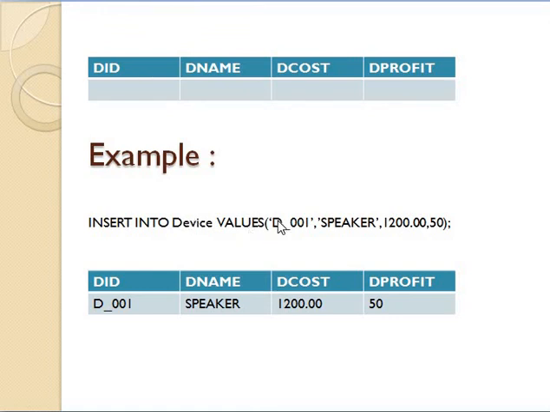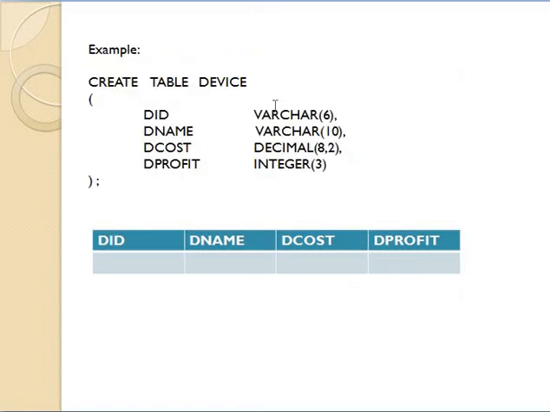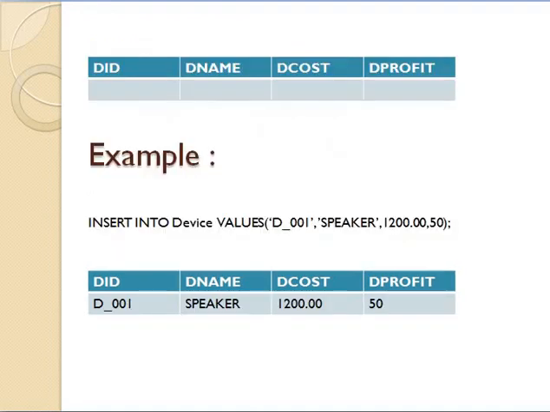Now see, this value d_001 is for the column name did, and since the column did has been declared with varchar as the data type, values with varchar as the data type should be enclosed within quotations, and that's why the value d_001 has been enclosed within quotation.